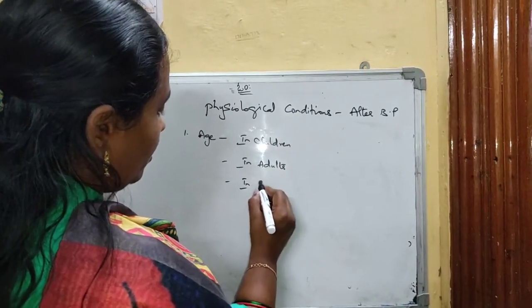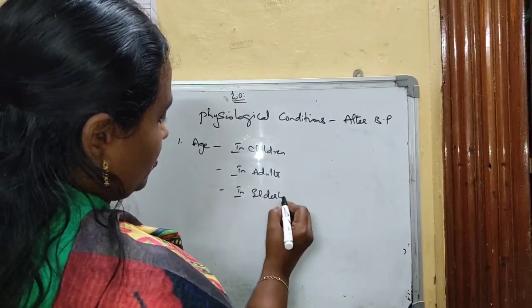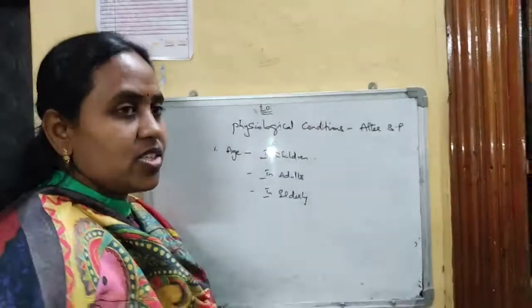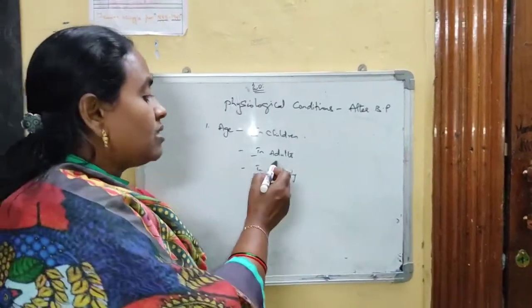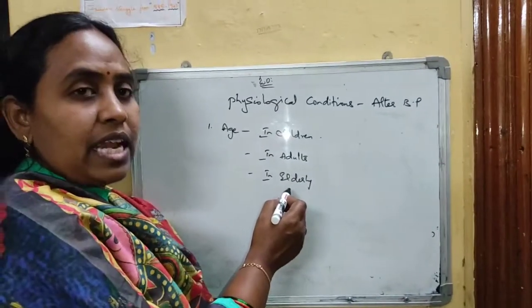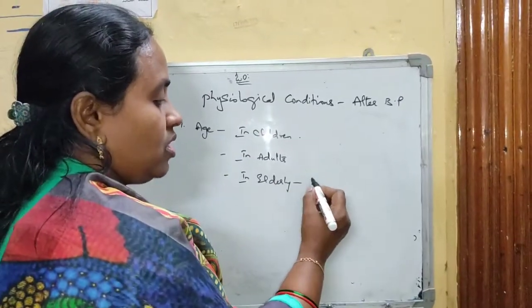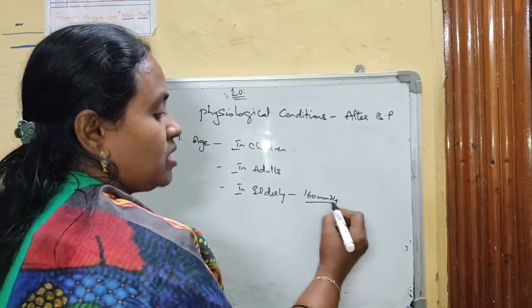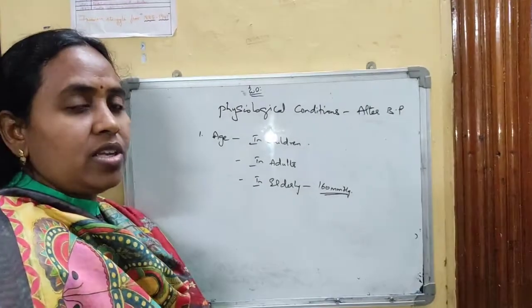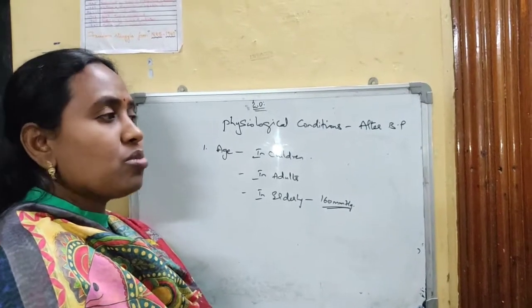and in elderly people. Usually in children, systolic blood pressure is a bit less when compared to adults, and in elderly people the systolic blood pressure may be considered normal even at 160 mm Hg.